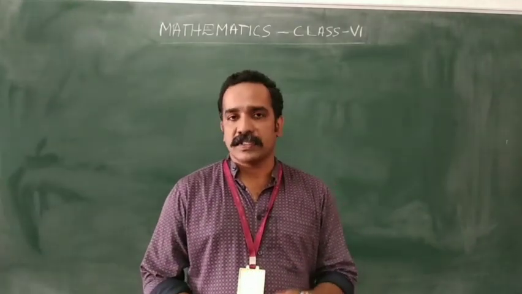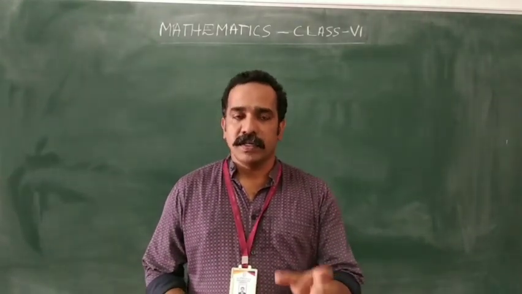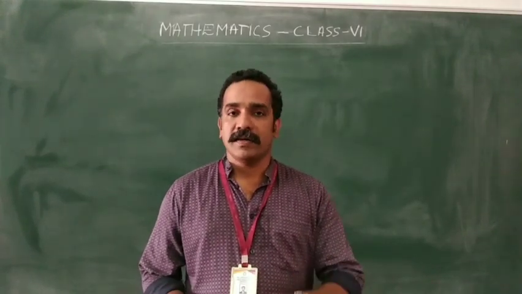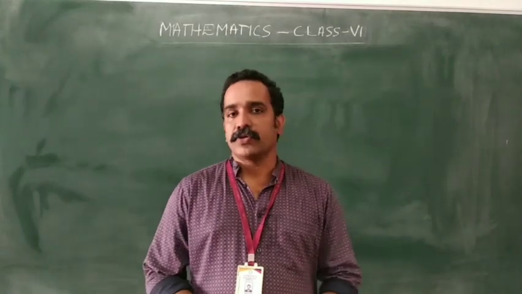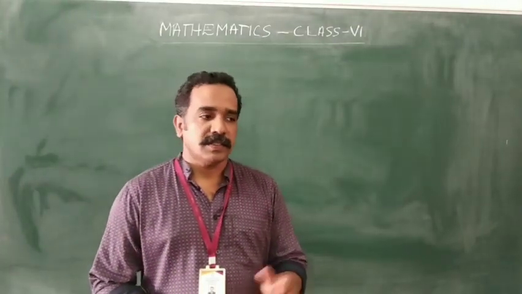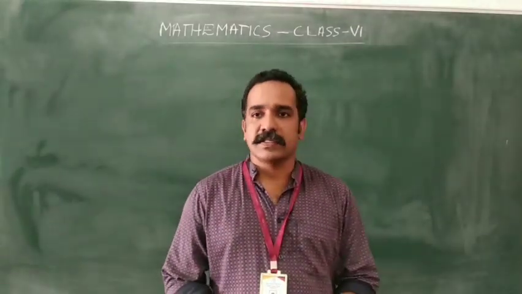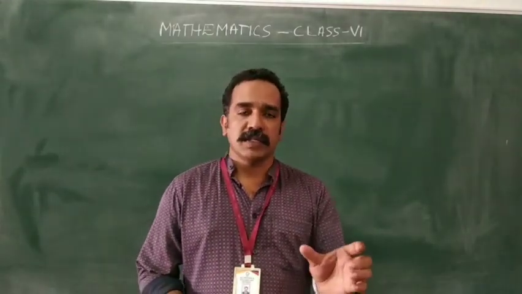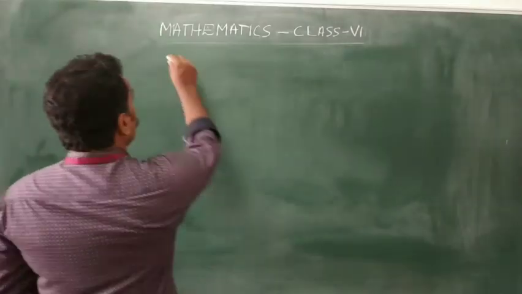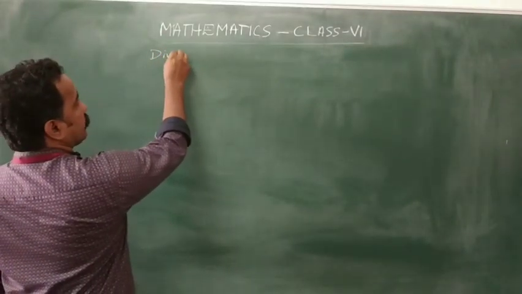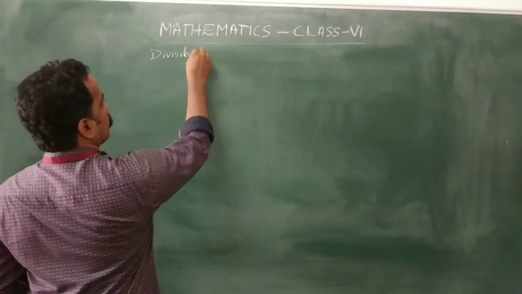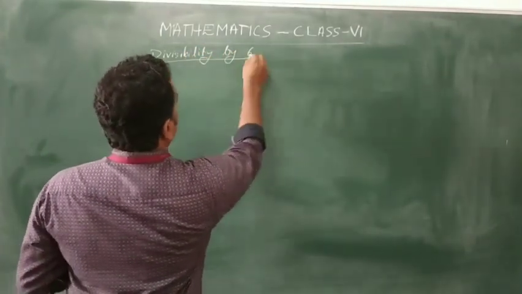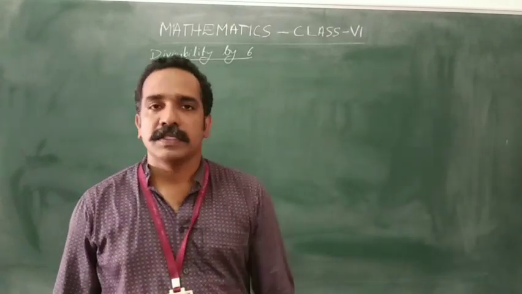Last class we have already discussed the divisibility test for 2, 5, 10 and 3 also. In this class we are going to see the remaining divisibility tests. First, we are going to see the divisibility test for 6.